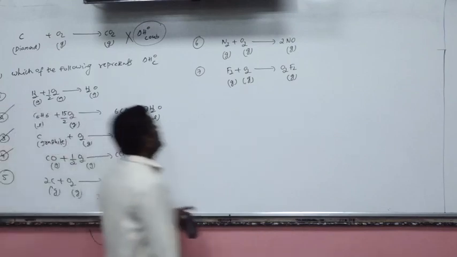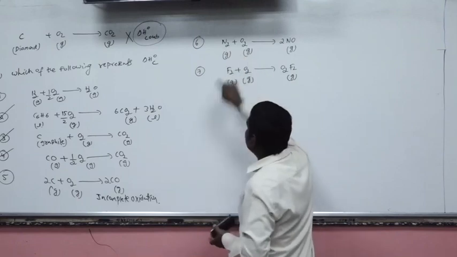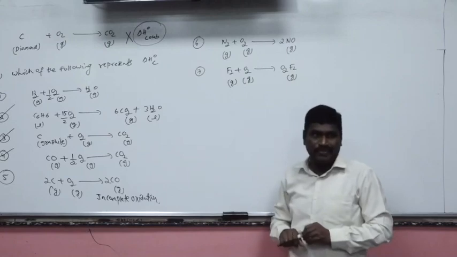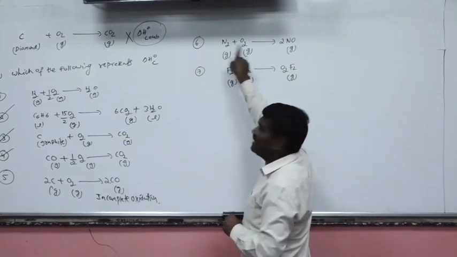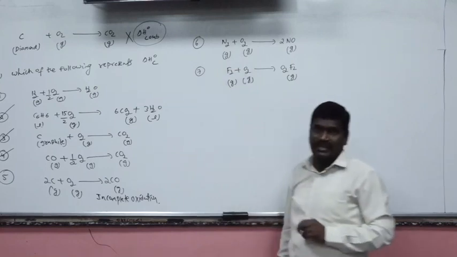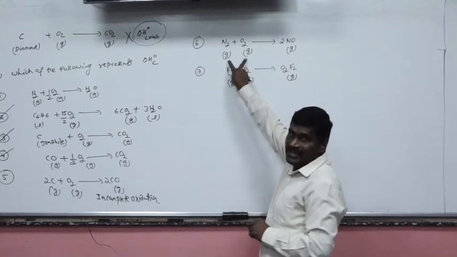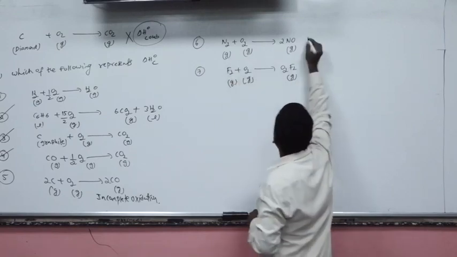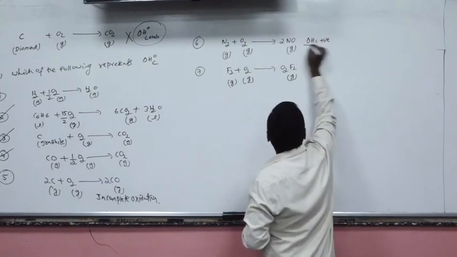Now come to these two. Here also oxygen is used, 1 mole hydrogen, 1 mole. Do you know N2 is a stable gas? These two gases are relatively stable, isn't it? So at standard conditions, they do not combine with each other. So this is, strictly speaking, an endothermic reaction.